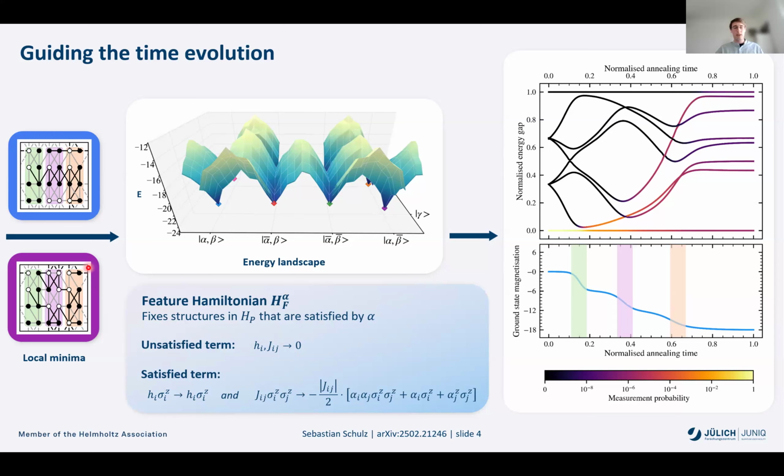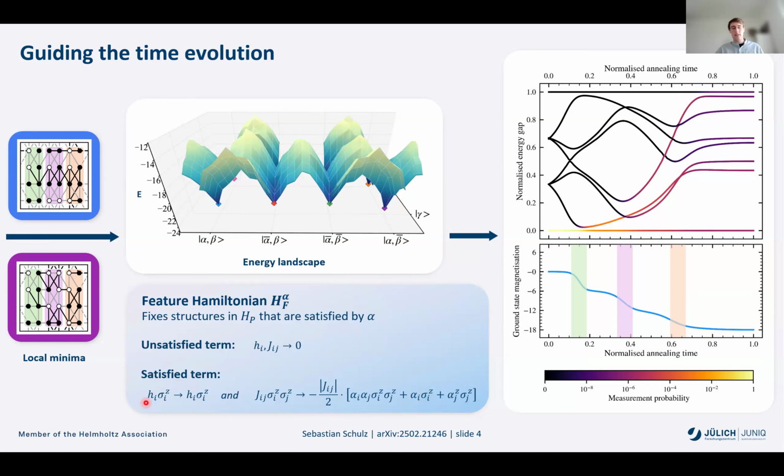So what we do now is we take this purple domain here. We say we want to prepare, for example, this beta bar state. So we want to ignore all the features that correspond to beta here. So what we do is we take the state, we remove all the unsatisfied terms, just set them to 0. And for all these satisfied terms that you see here in this domain, we do this transformation shown here.